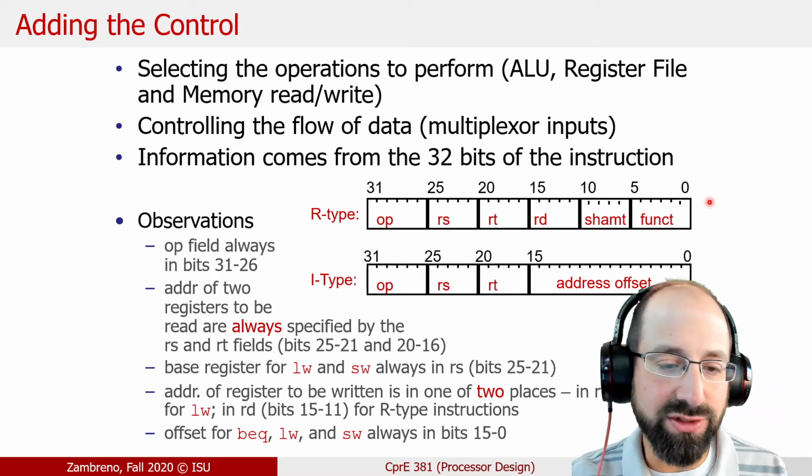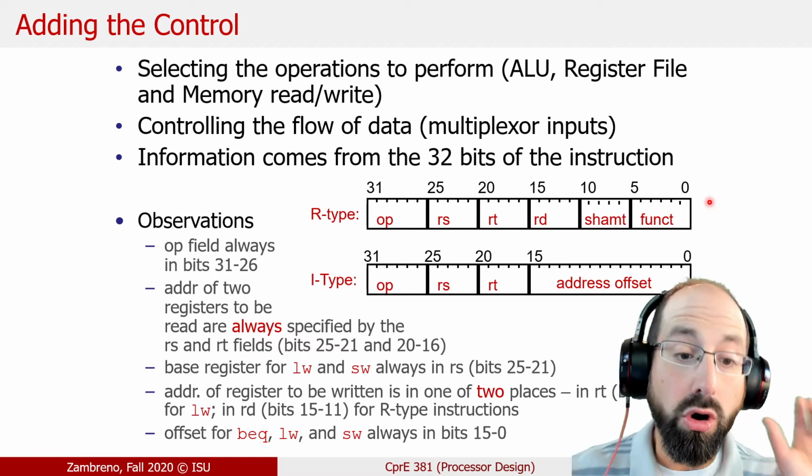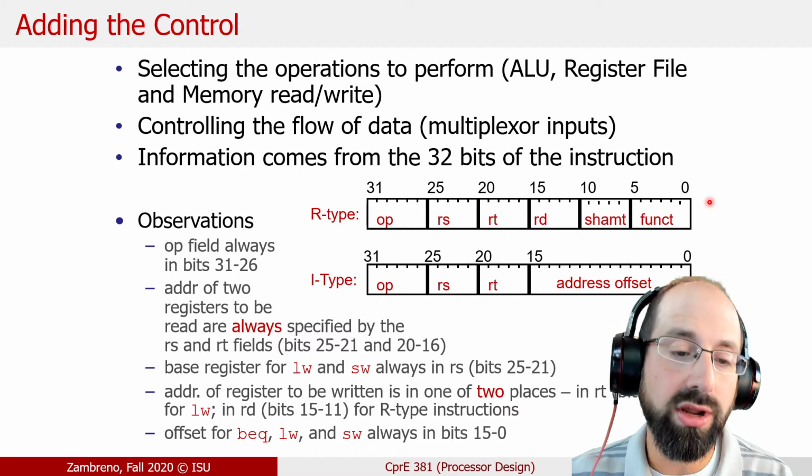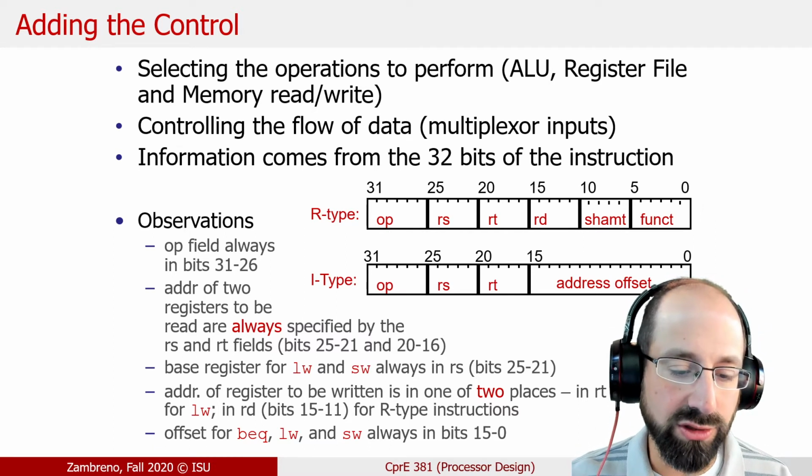That's considered a two-stage control scheme where you always look at the opcode and then occasionally look at the function code if your instruction has a valid function code associated with it.